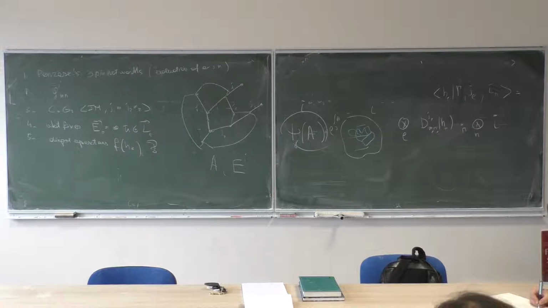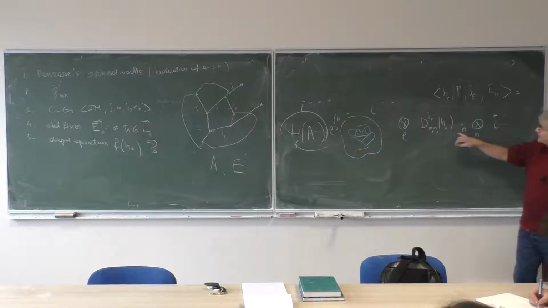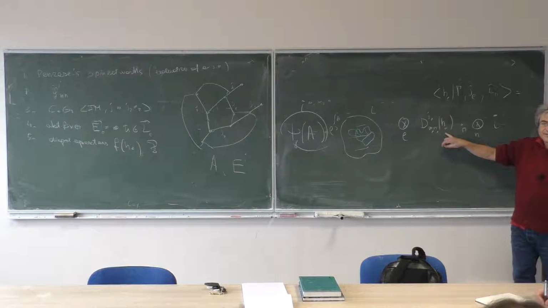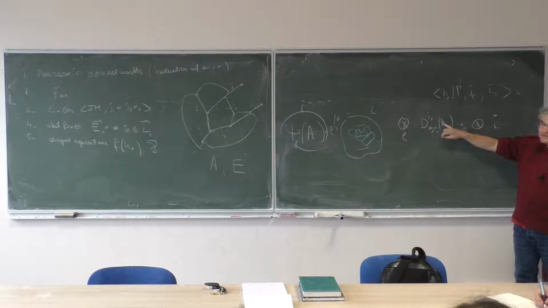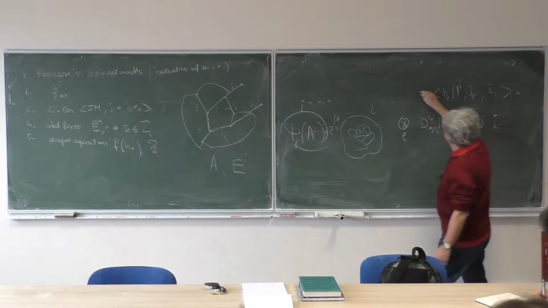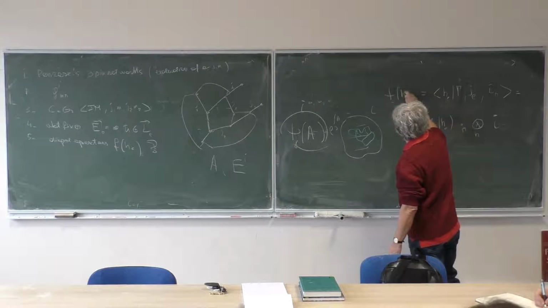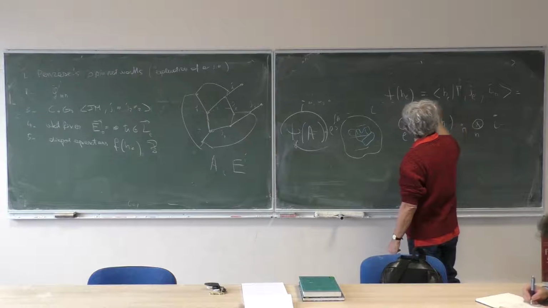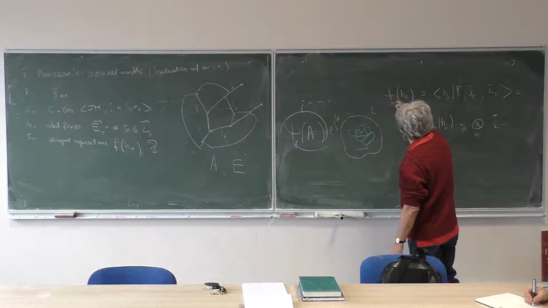So what is the Penrose evaluation of the spin network is just contracting these without this. So if you put the identity here, you get a number. The value of the state, this is a state on H_L, okay, labeled by all these things, gamma, j.